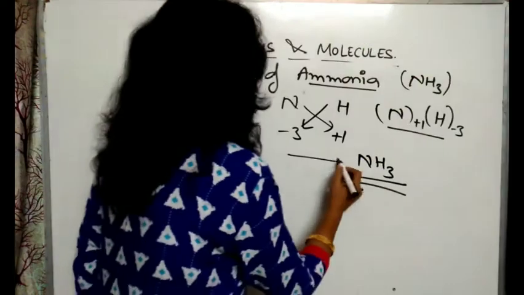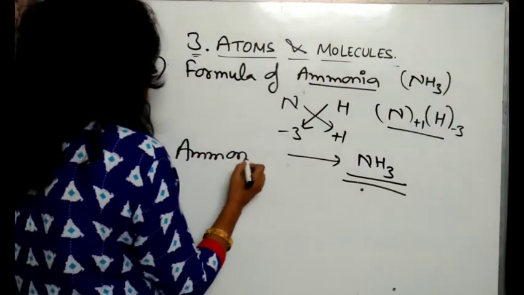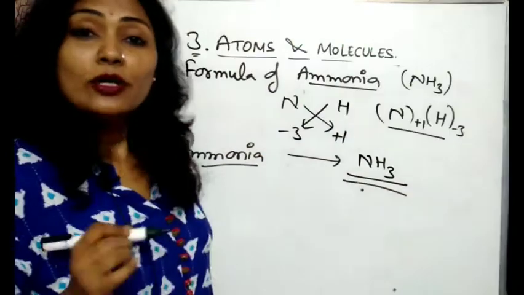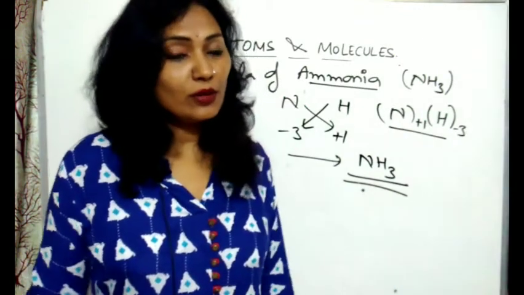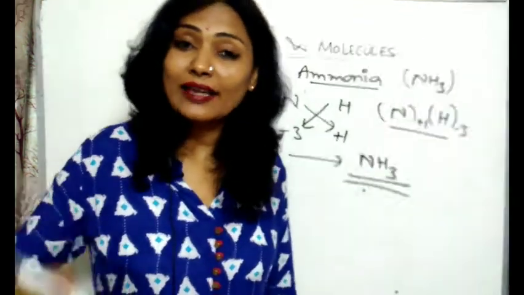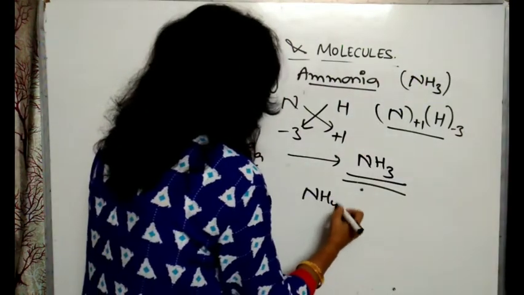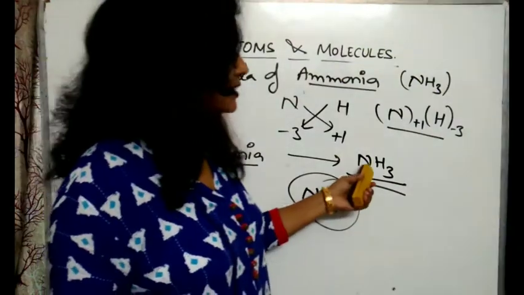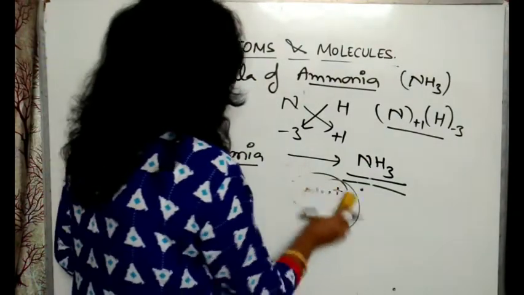So this is the formula of ammonia. Ammonium is different, and ammonia is a gas. Ammonia is different from ammonium. Ammonium ions contain NH4 positive, that is the ammonium ion. And ammonia is a compound.